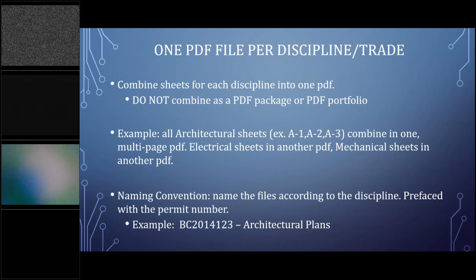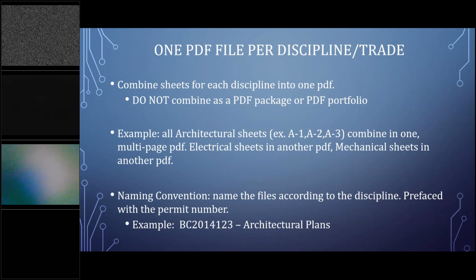So in regards to the one PDF file per discipline or trade, like I said, you're combining sheets for each discipline into one PDF. Do not combine them as a PDF package or PDF portfolio. So when you're combining sheets, depending on the software you're using, it asks you if you want to combine it as a PDF package, or I think the other option is called binding.